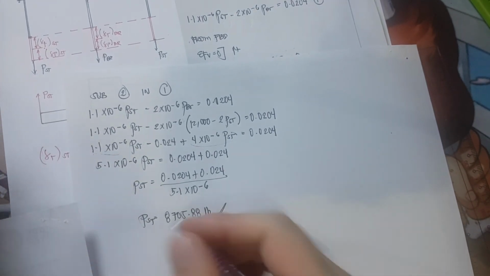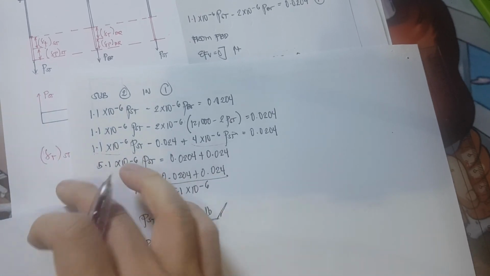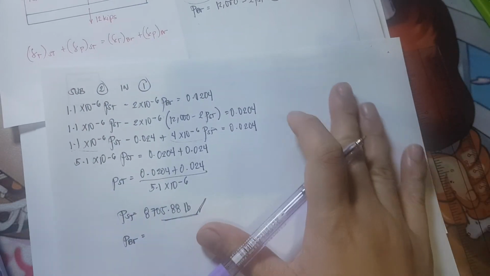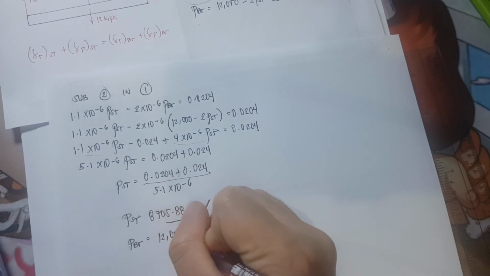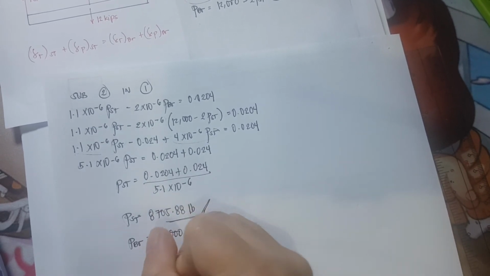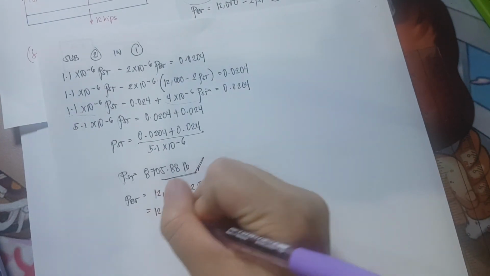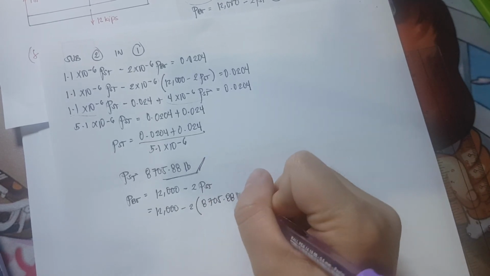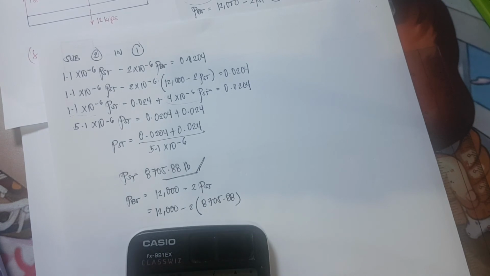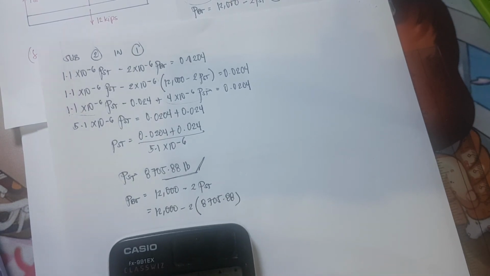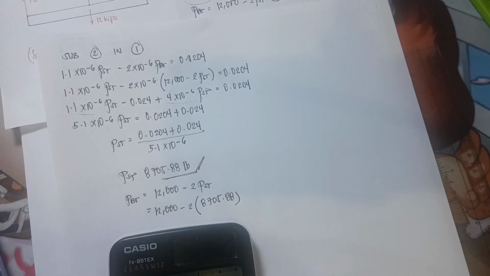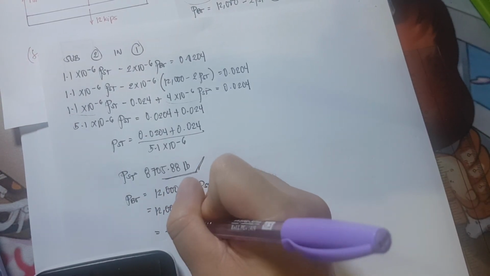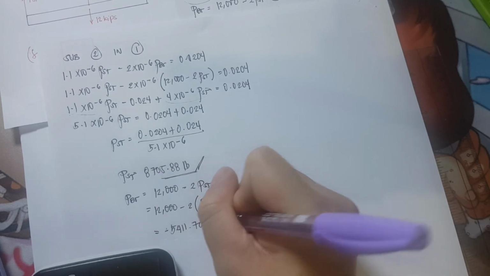Now for the bronze, going back to our previous equation, we have 12,000 minus 2 P of steel, and that is equivalent to 12,000 minus 2 of 8,705.88, and that is equivalent to negative 5,411.76 pounds.